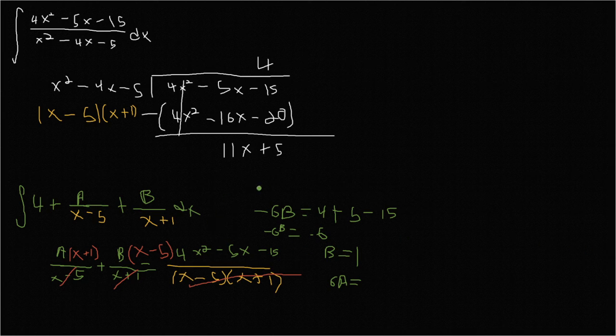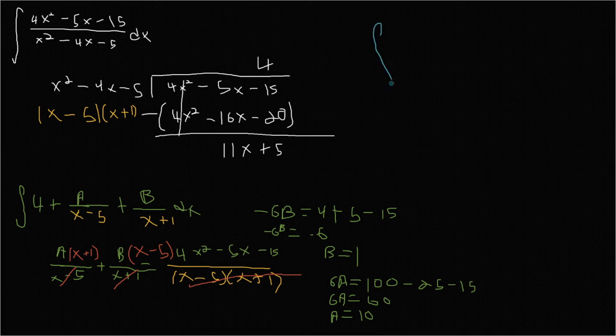Let's not skip steps, that will lead to math errors. 4 times 5 times 5 is 100, minus 5 times 5, 25, minus 15. That is 60. 60 is equal to 6a, and a is going to be equal to, I nearly wrote 6, it is 10.